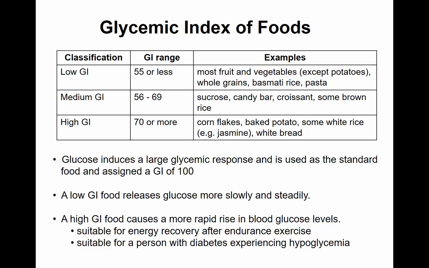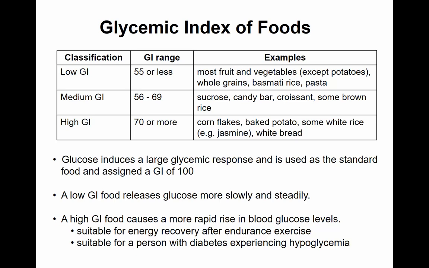You can see that a GI of 55 or less is considered low GI food, a GI between 56 and 69 is considered medium GI food, and for high GI food the GI is greater than 70.